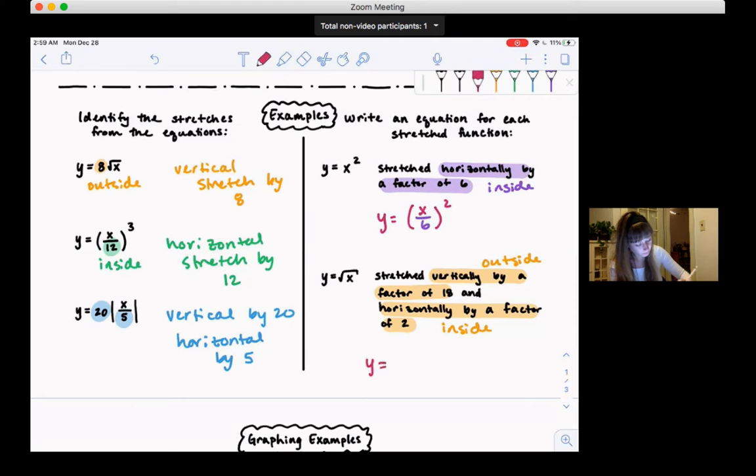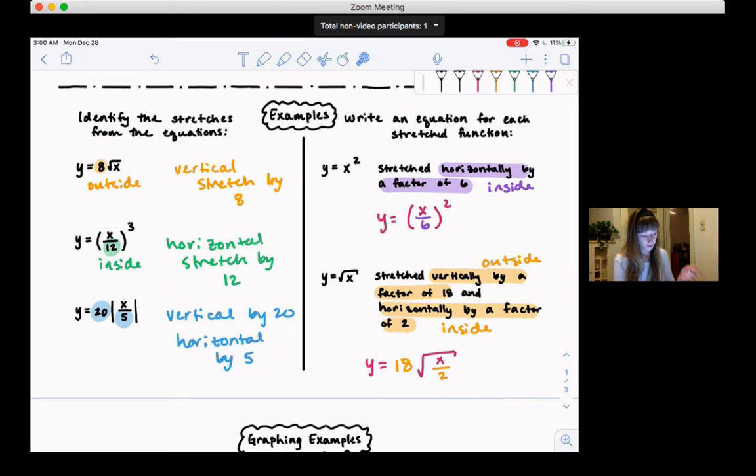Okay, so y equals, outside we have our vertical scale factor, which is 18, and then inside we have our horizontal scale factor, which is 2. So outside the function we have times 18, inside the function we have divided by 2. So this gives us the vertical stretch of 18, this gives us the horizontal stretch of 2.